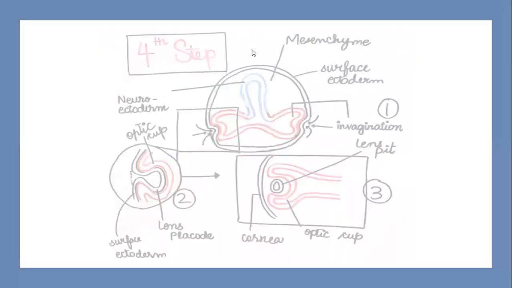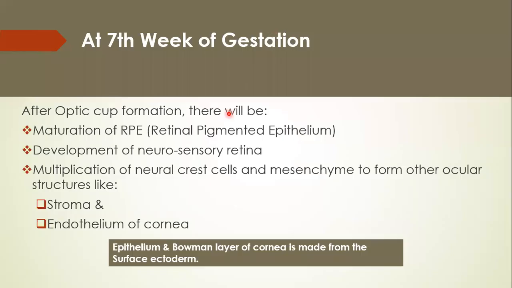So now the optic cup formation has turned to retinal layer development, the corneal base, like epithelium and Bowman's layer, has been made, and the lens pit is developed. The rest of the structures are remaining, right? Now there will be the formation of other ocular structures, formed by the multiplication of neural crest cells and mesenchyme.